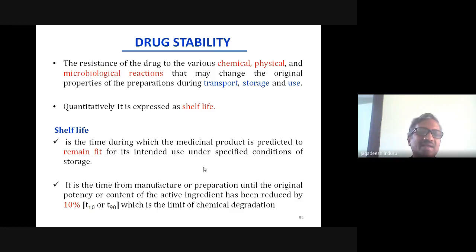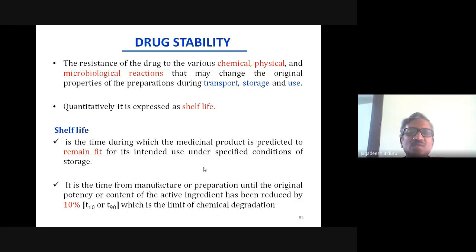So that is the reason you may expect that shelf life is linked with the conditions of storage. Generally, it is the time from manufacture or preparation until the original potency or the content of the active ingredient has been reduced by 10%. It means how much time it takes to reduce by 10%, leaving 90%.